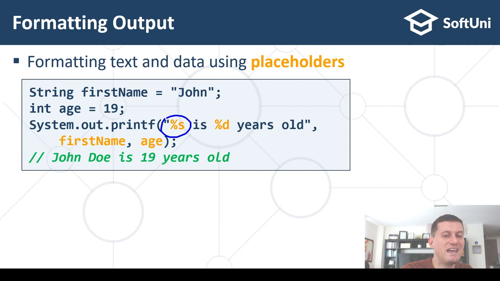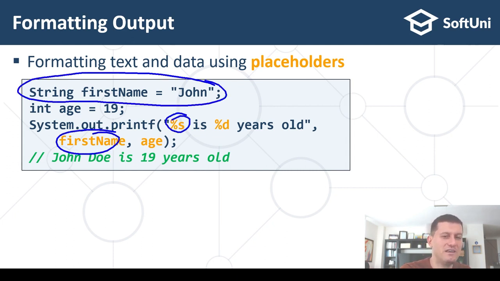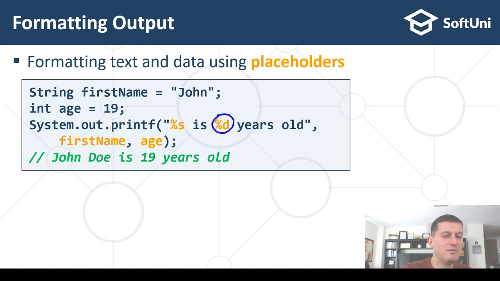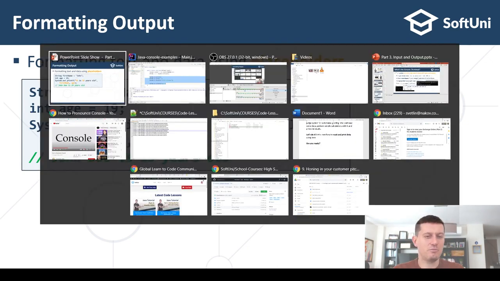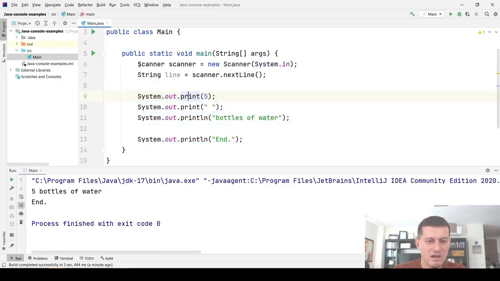Percent s means string data. So usually we use percent s when we have text data, just like this, and percent d when we have integer data, just like this age. When we run this code, we'll see this output.